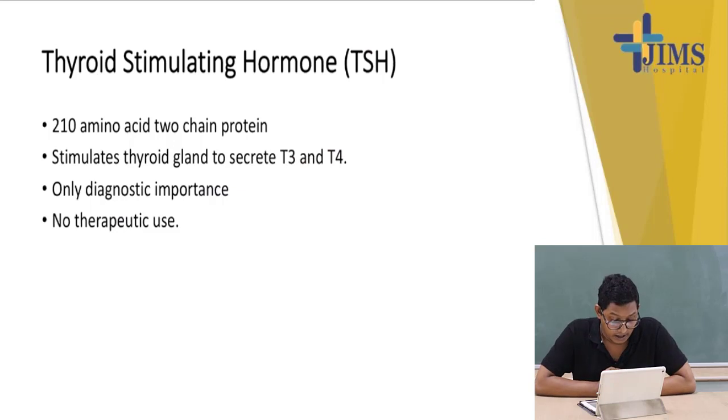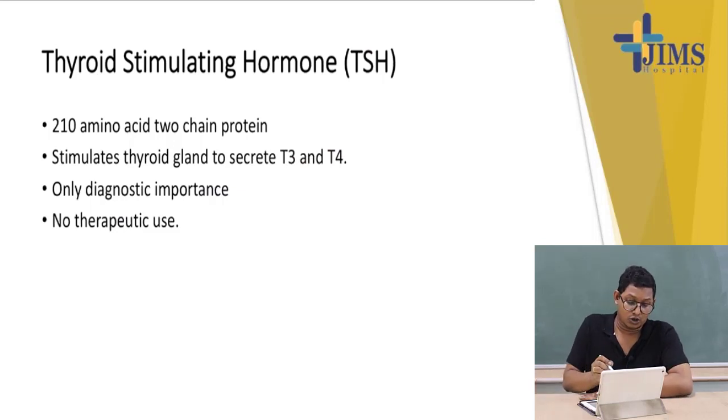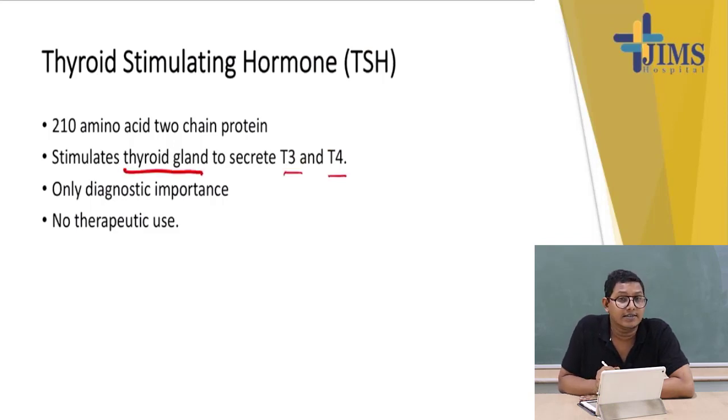Next is the thyroid stimulating hormone, that is the TSH, which is a 210 amino acid, 2-chain peptide. TSH stimulates the thyroid gland to secrete T3 and T4. It only has diagnostic importance.